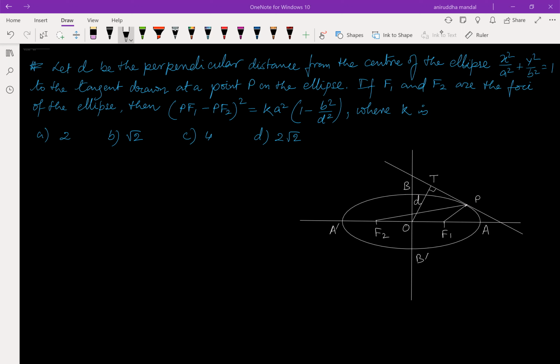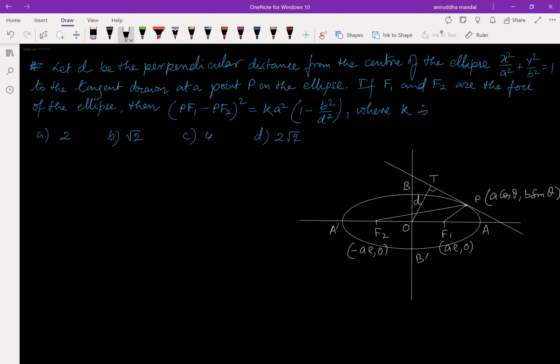So what can we do? We just write P in its parametric form. So P can be written as a cos theta and b sin theta. Now f1 is (ae, 0) and f2 is (minus ae, 0).